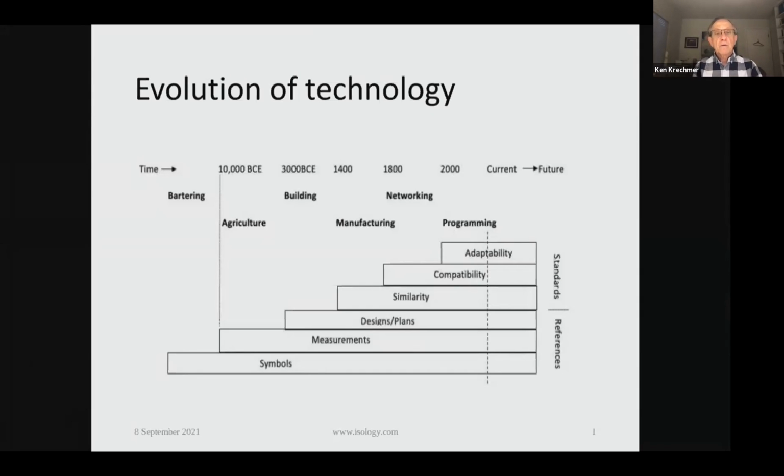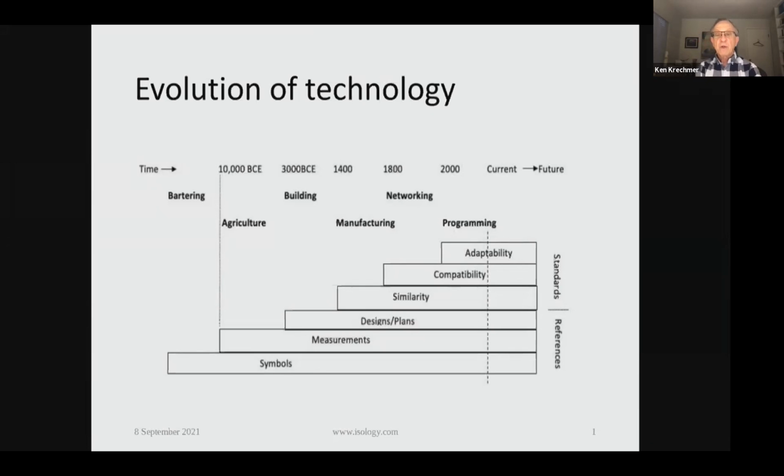The idea here is there are 6 identifiable successions of standards, which really represent the evolution of technology. For those of you who may recall, a gentleman by the name of Alvin Toffler proposed the third wave, and he recognized an early time, which he called hunter-gatherer, then agriculture, manufacturing, and then he called it the information age.